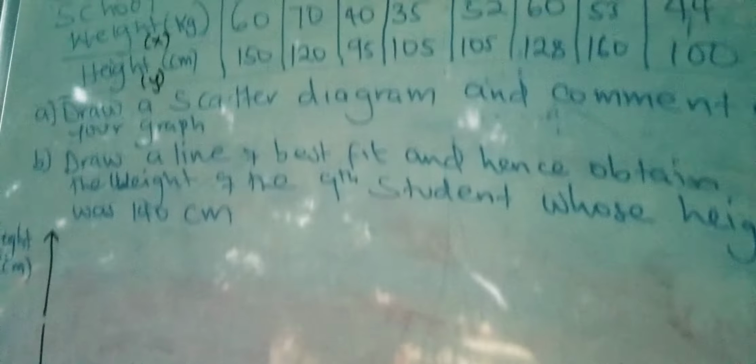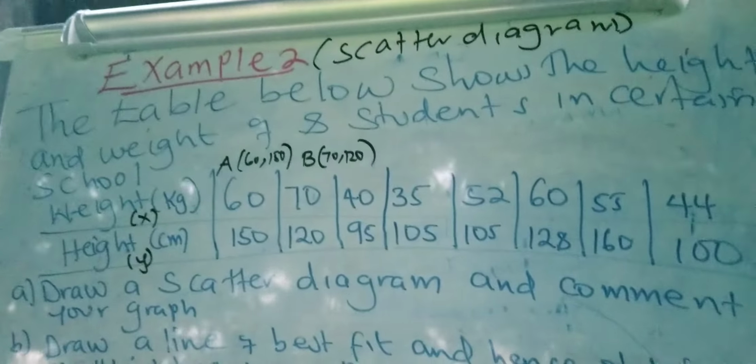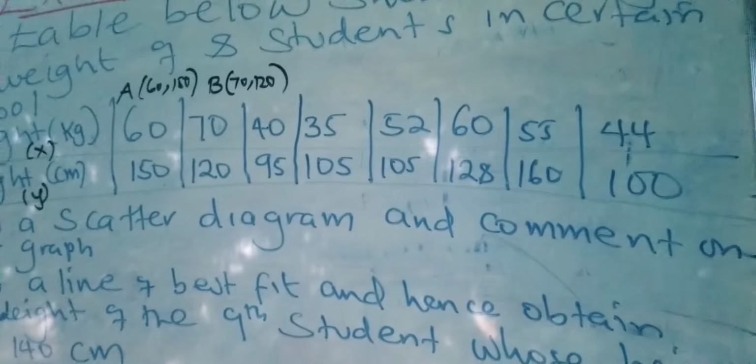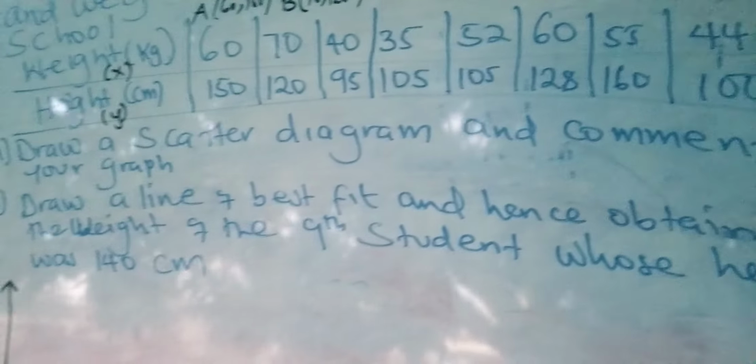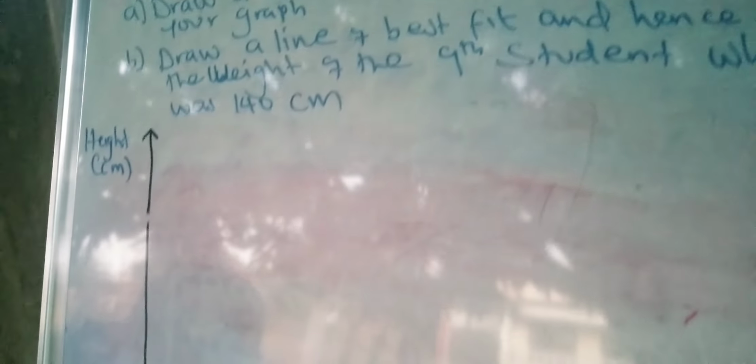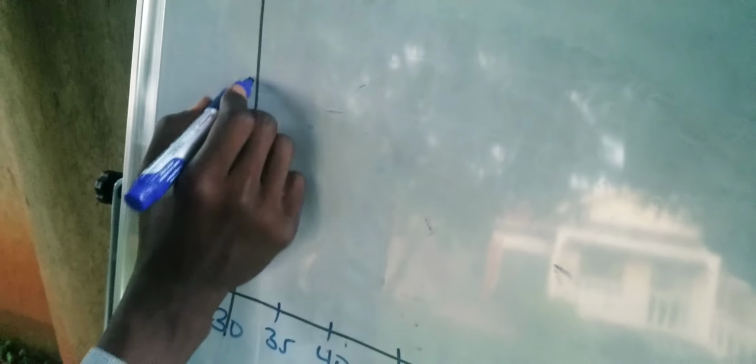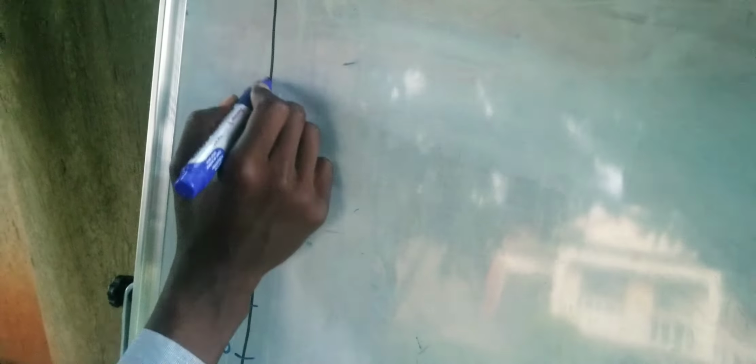At the top here, we have from 100 up to 150. Sorry, from 95 actually, so we can start from 90 here. Then you go to 100, add on 10: 110, 120, 130, 140, 150, 160, and then 170.